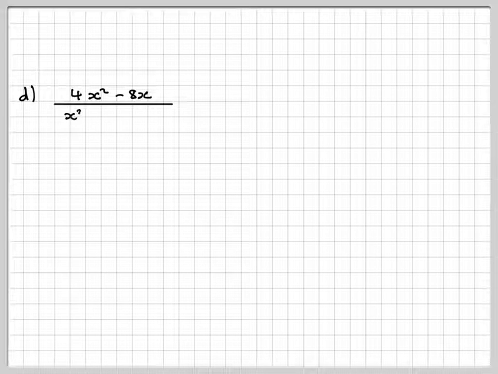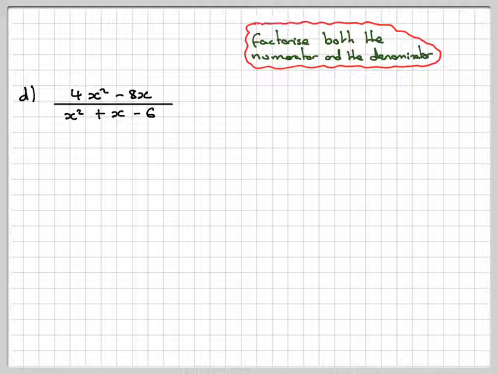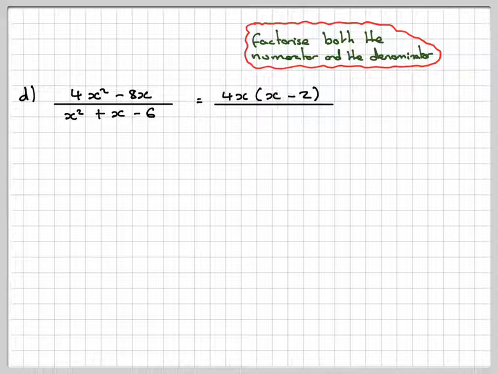D. We've got 4x squared minus 8x over x squared plus x minus 6. So again, we're going to factorise both the numerator and the denominator. This is one of the special cases of the quadratic, so there's a common factor here in the numerator of 4x, and that will leave an x here and a minus 2 here. Again, if you're not sure, multiply back in, just check to get back to what you started with.